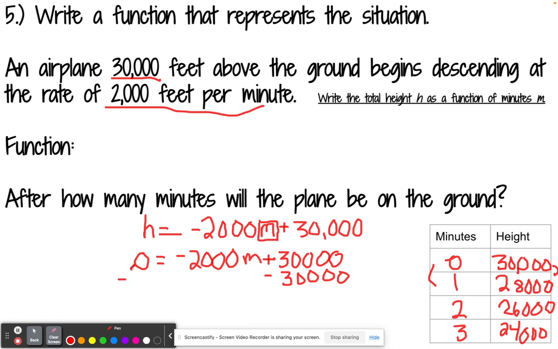Minus 30,000. So I have negative 30,000 equals negative 2,000 m.